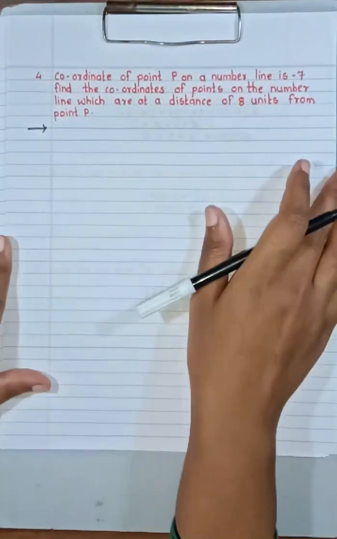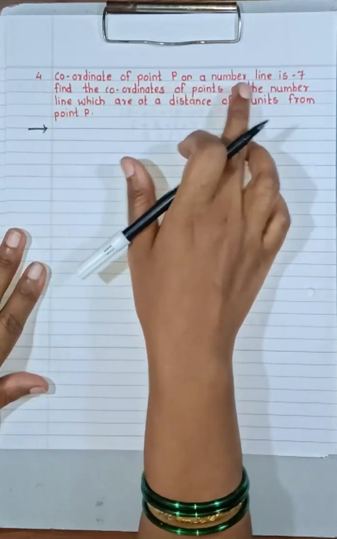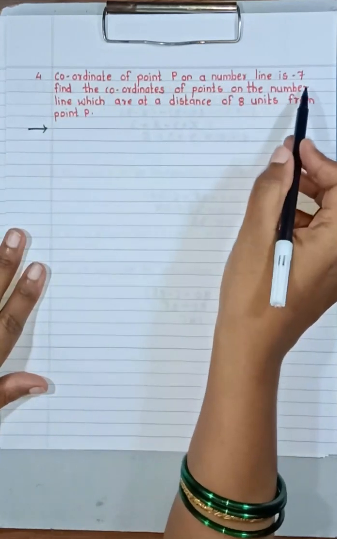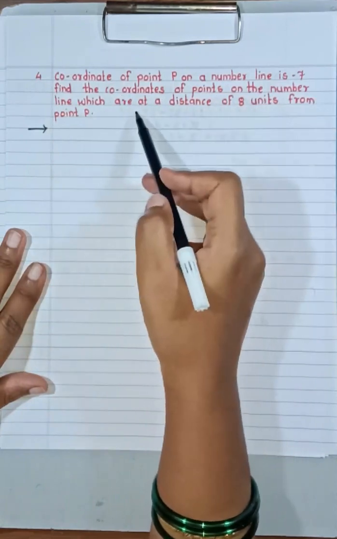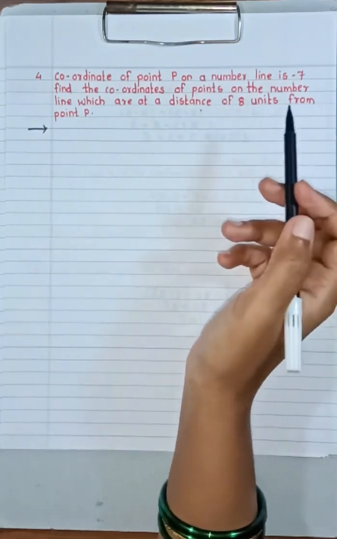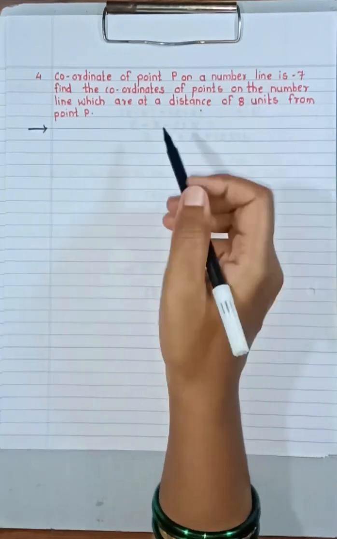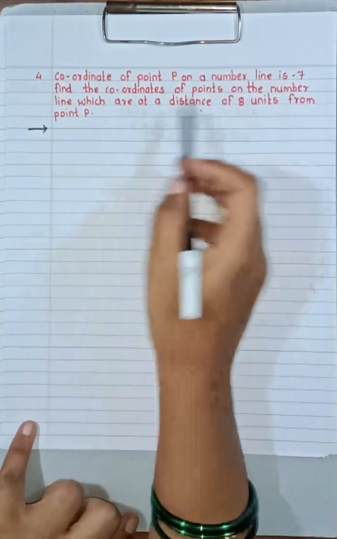Now children, question number 4. The coordinate of point P on a number line is minus 7. Find the coordinates of points on the number line which are at a distance of 8 units from point P. Now children, what have they given? They have given the coordinate of point P on a number line, which is how much? Minus 7.